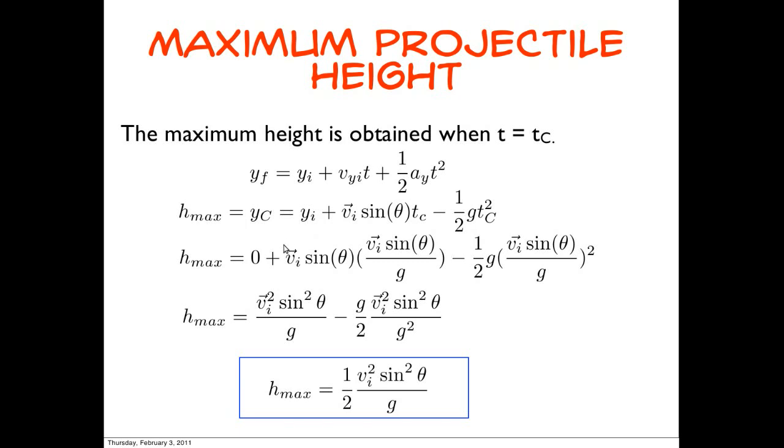We know the initial y position is 0, and then we plug in our t_C term, which we derived in a previous transparency for t, and similarly we plug it in over here in the t squared term. Then we just do some algebra and we find an expression for h max, which is equal to 1/2 the quantity v initial squared sine squared theta divided by g.